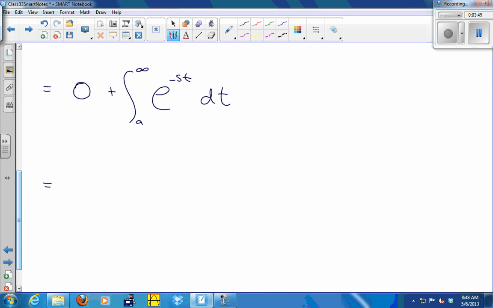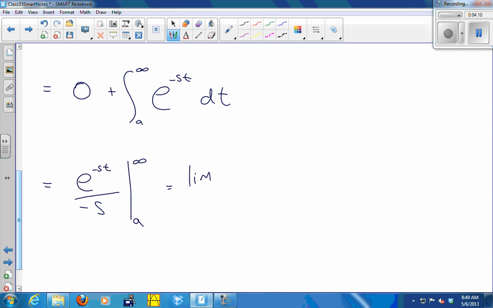Okay, so this becomes, take the antiderivative of e to the negative st, so we get e to the negative st over negative s. And I have to evaluate that from a to infinity. But the way you do that evaluation is you have to take a limit.